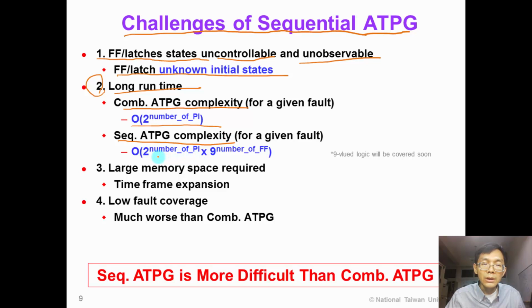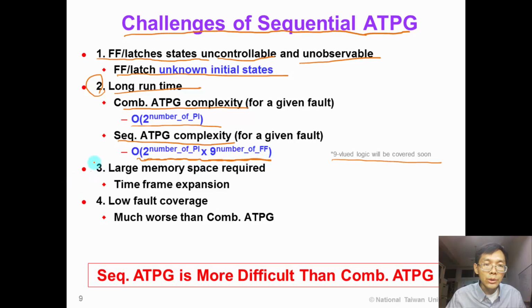For a given fault, the worst case running time can be up to 2 to the power of the number of primary inputs times 9 to the power of the number of flip-flops. In this analysis, we assume 9-value logic, which will be introduced later. This is a very large number.